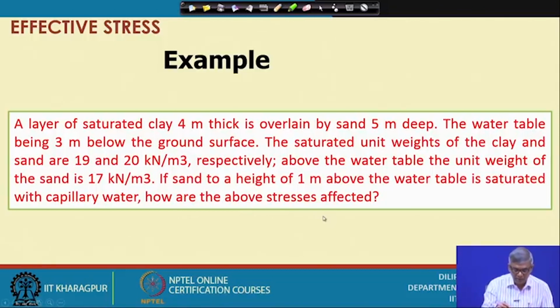So, this part I can discuss later on, but the other part we can do. There is 5 meter sand, saturated clay 4 meter thick, and the water table being 3 meter below the ground, so these are the things I will take.